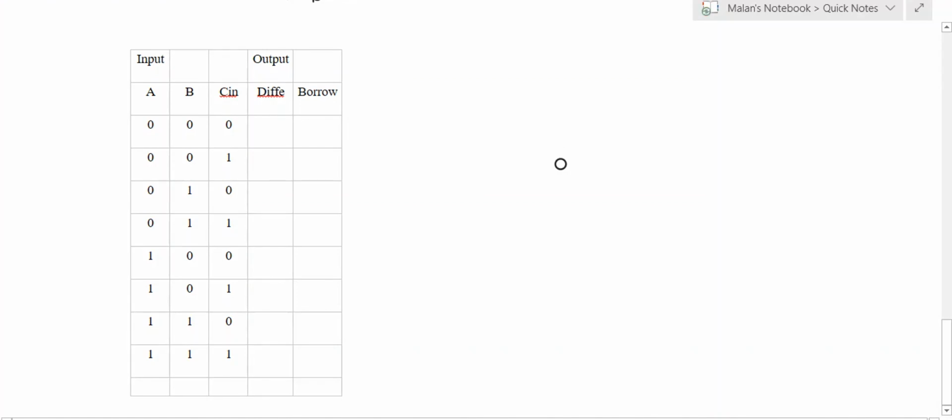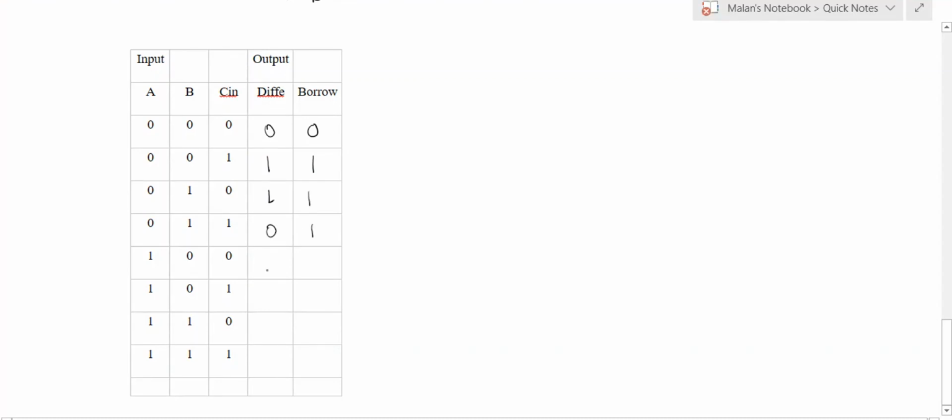When the inputs are 0, 0, 0, the difference is 0 and the borrow is 0. When the input is 0, 0, 1, the difference is 1 and the borrow is 1. For 0, 1, 0, the difference is 1 and the borrow is 1. When 0, 1, 1, the difference is 0 and the borrow is 1.